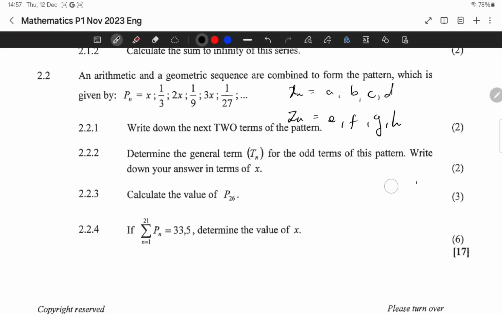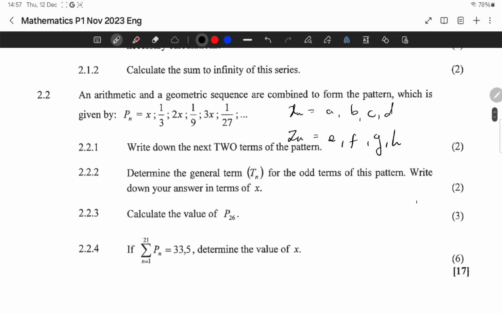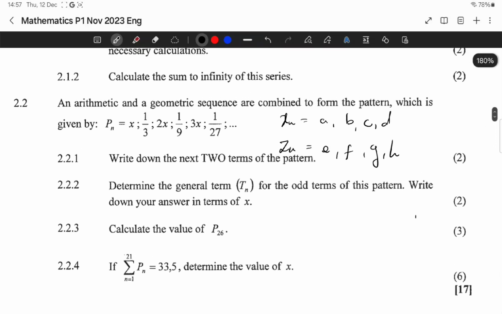So now we want to see how exactly these two sequences were combined. Just by inspection, you can see that the x terms appear only on the odd positions: position 1, position 3, position 5.